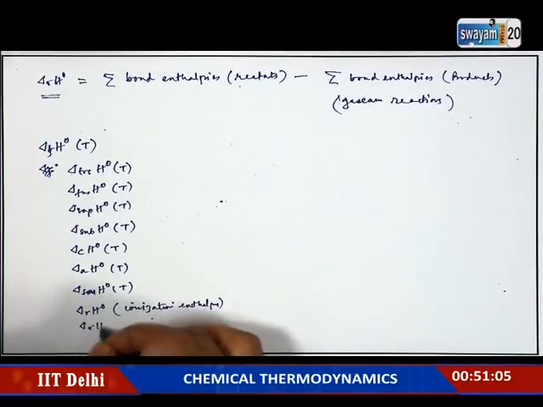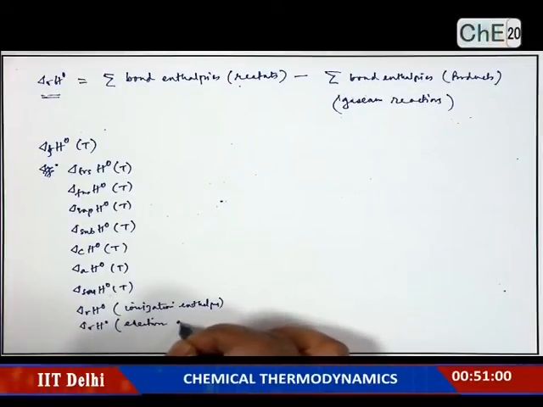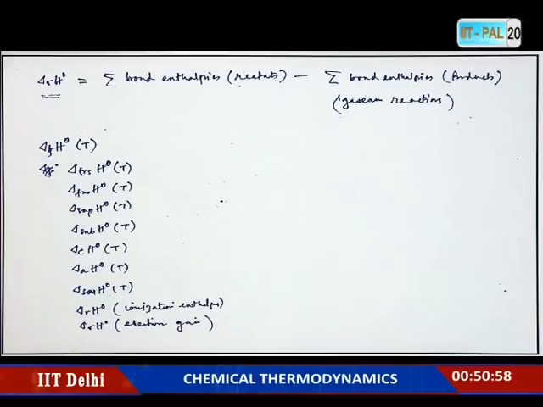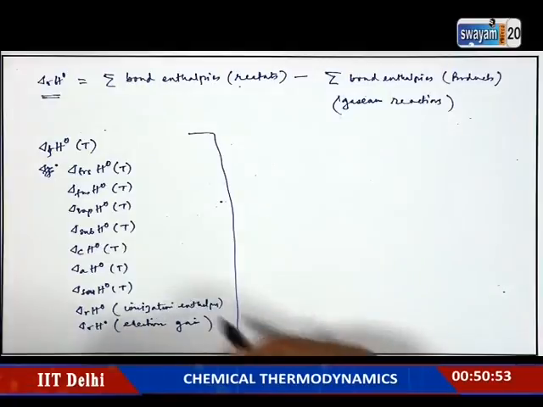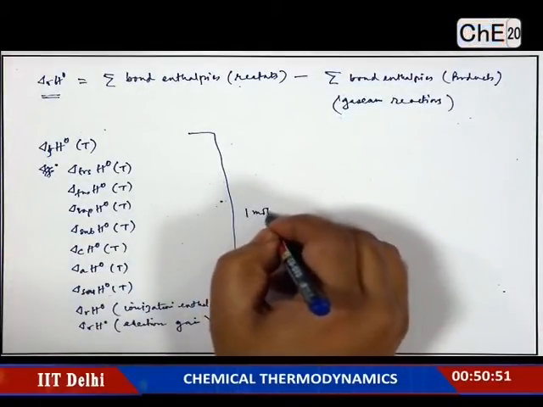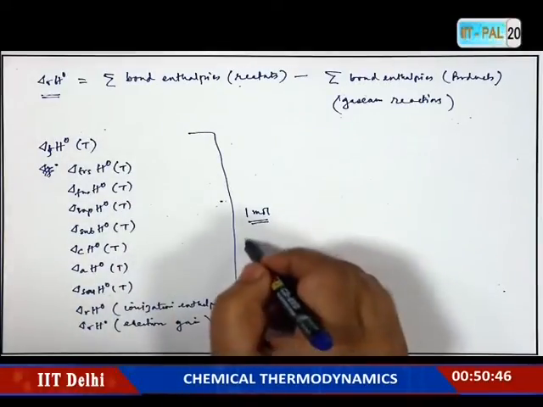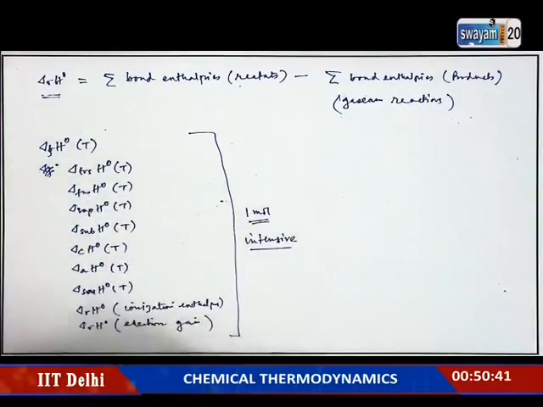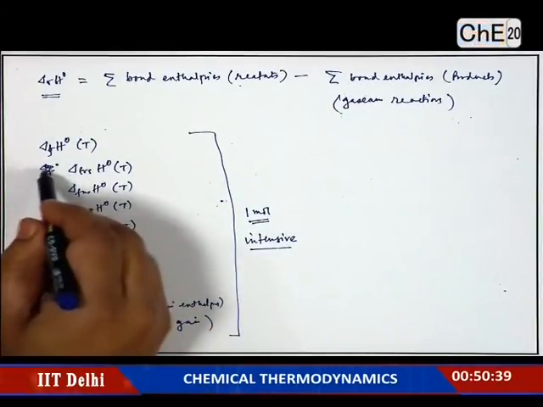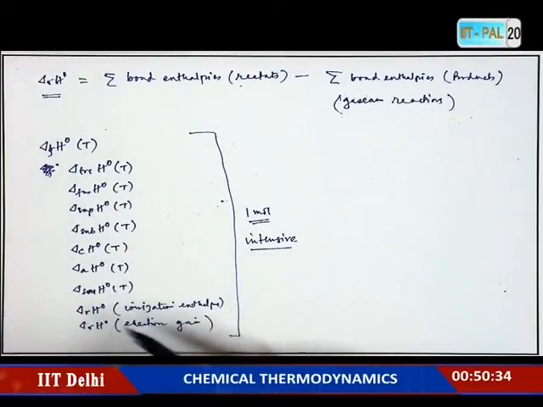We also talked about electron gain enthalpy, and all these are for 1 mole of substance. Okay. So, these are all intensive quantities, because here we are making sure that we are dealing with 1 mole of compound, either it is formation, combustion, or vaporization, all this is related to 1 mole of substance.